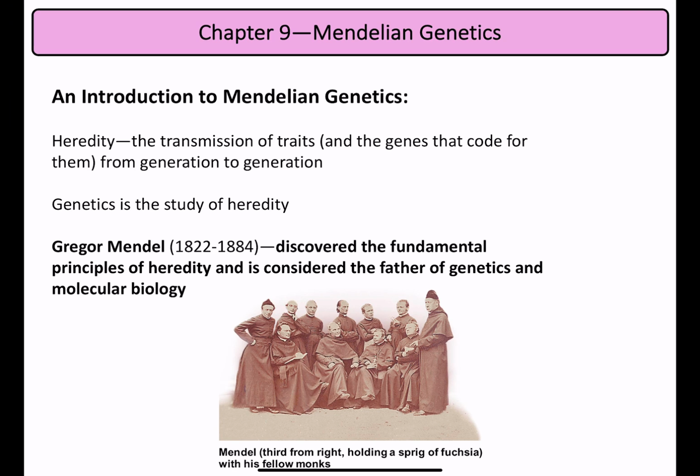So first, I want to say a little bit about Gregor Mendel. He was doing these experiments that we're going to cover in the late 1600s, around 1859 to 1865. And he's from current-day Czech Republic, which was part of the Austrian Empire, studied at the University of Vienna, grew up as a farmer, pretty poor.